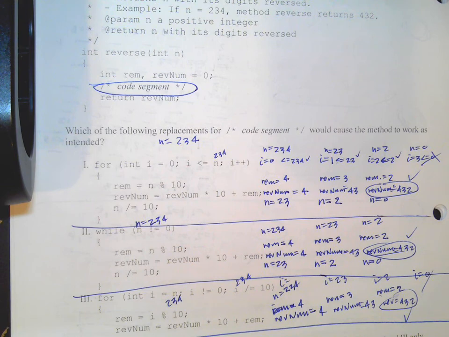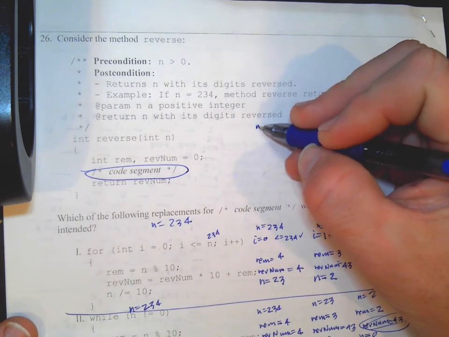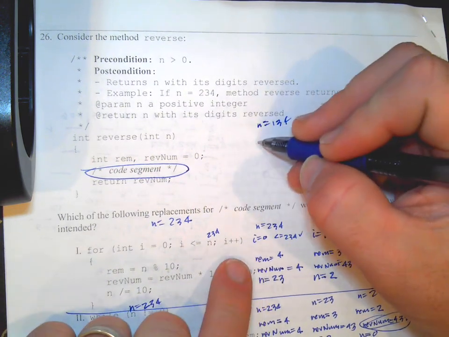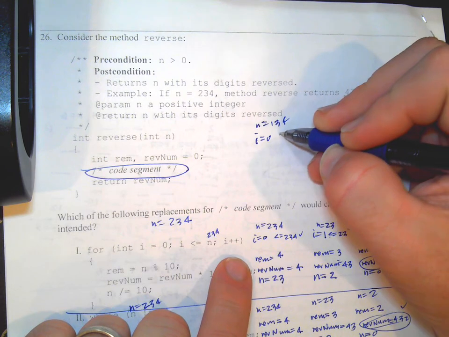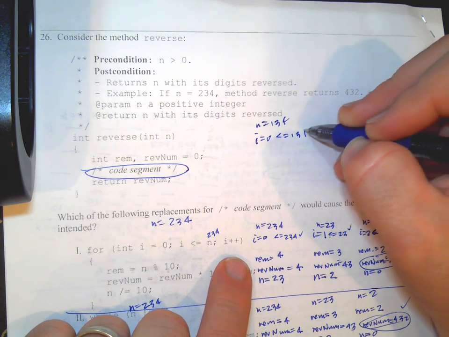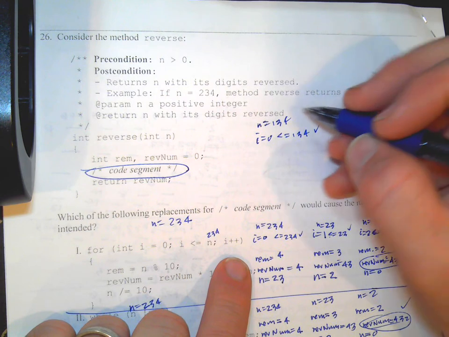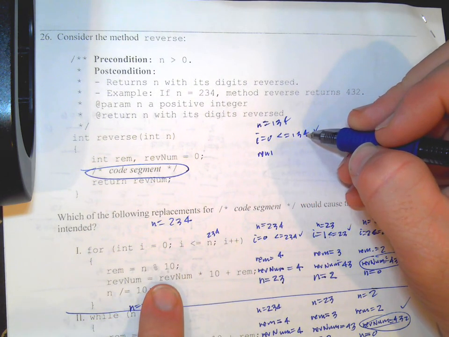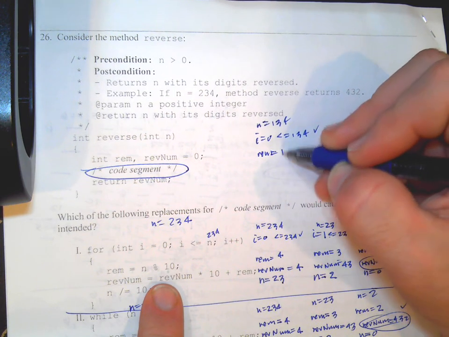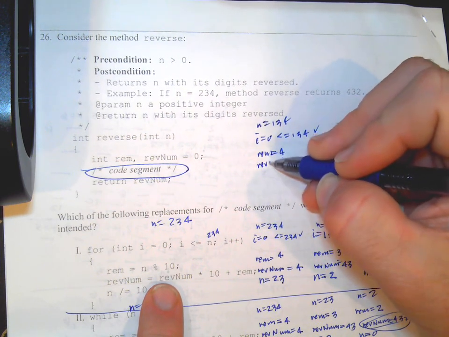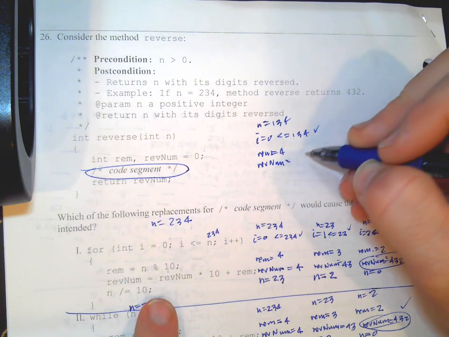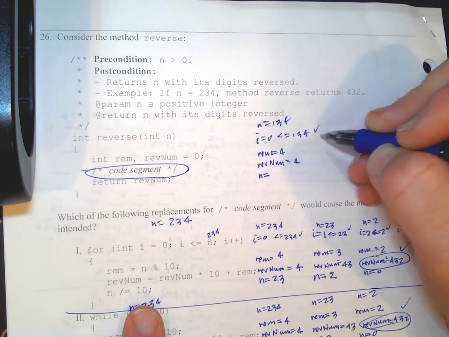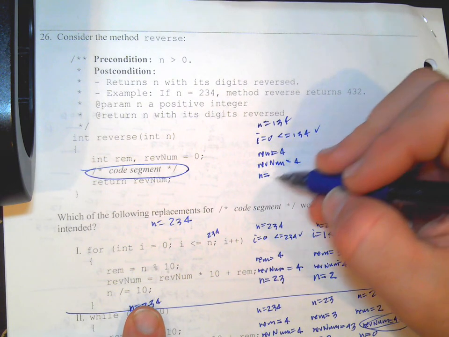But for example, if we did n equals 134, and on this first one, i equals 0 is less than or equal to 134, and that's true. So then remainder equals that modulus 10, which is 4, and rev num is going to be 4, and n is going to equal itself divided by 10, which is 13.